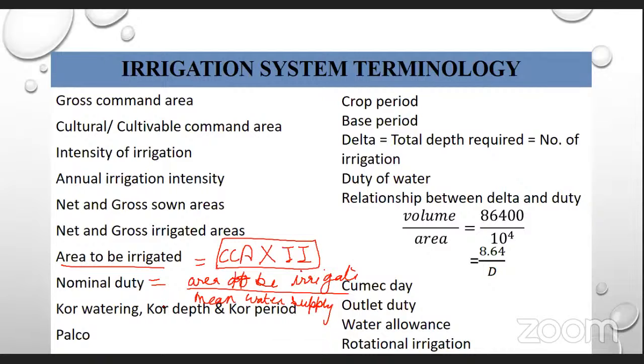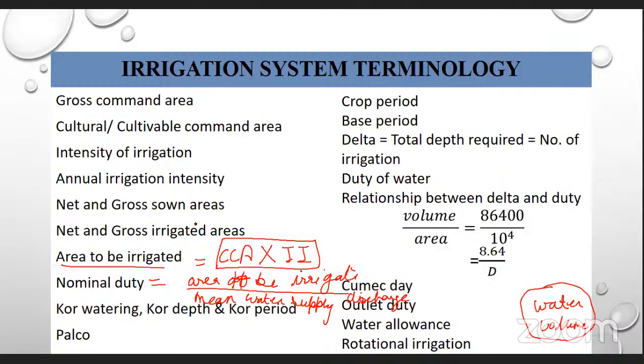That is known as the nominal duty. It means we have decided that this much area we have to irrigate, but we should also know our water volume, how much water is available in volume. Accordingly we give the discharge to that area. So this is known as the nominal duty.